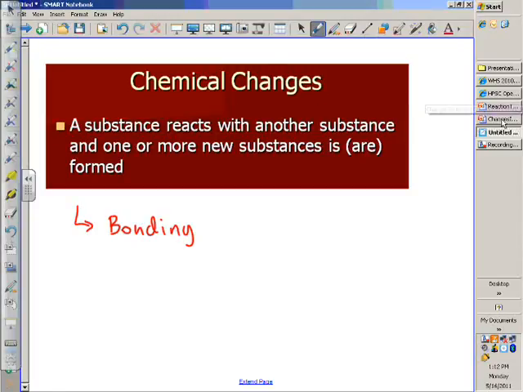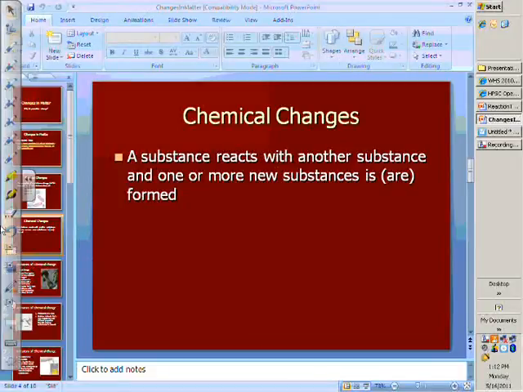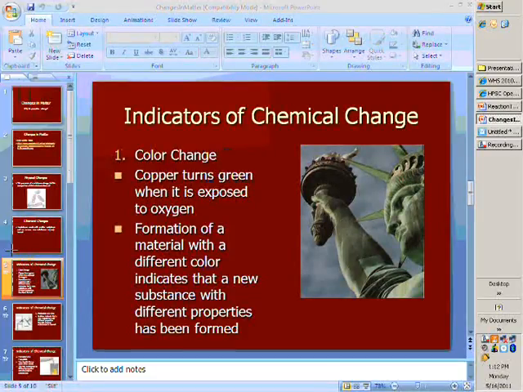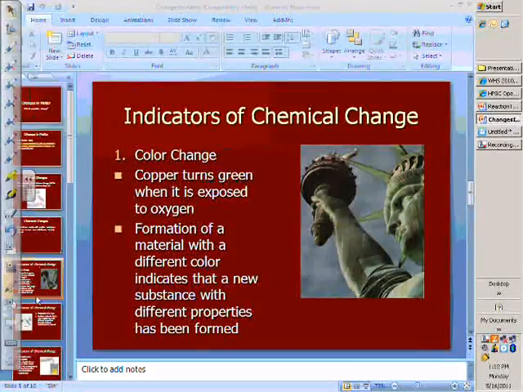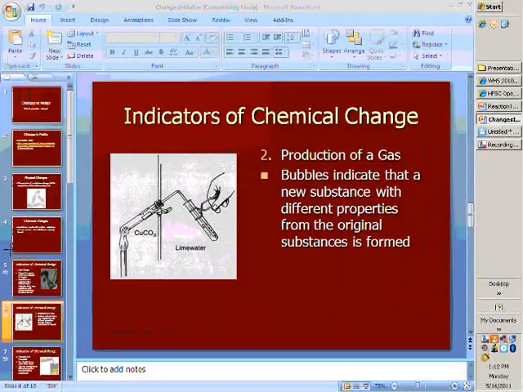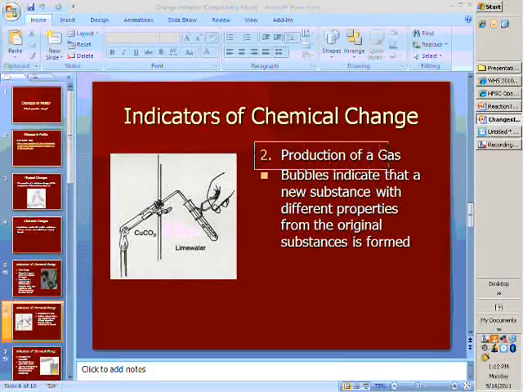And we also talked about that there are certain things we look for when we're looking for chemical changes, and that generally when a chemical change occurs, one or more of these things happens, but that doesn't necessarily mean when these things happen, a chemical change necessarily occurred. So the first thing we look for, right, color change. Second thing we look for, production of a gas, or bubbling, right?